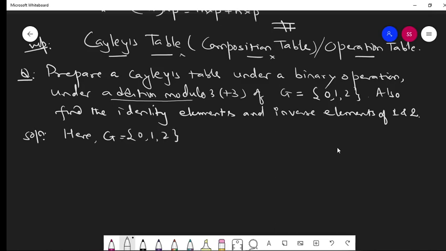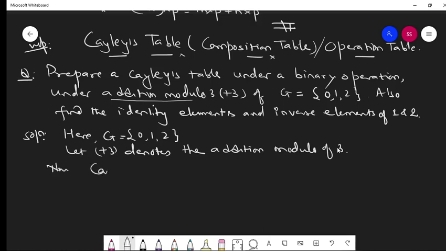Let +3 denote the addition modulo 3. Now, Cayley's table or composition table.